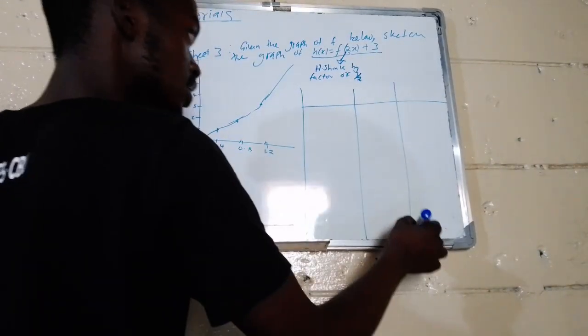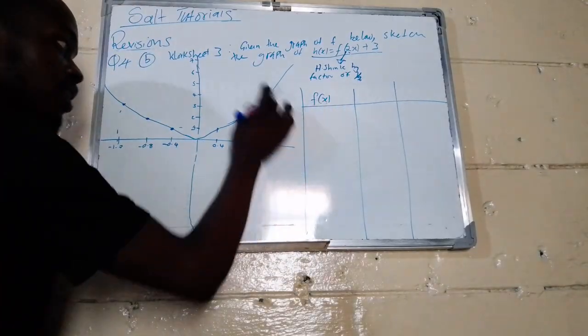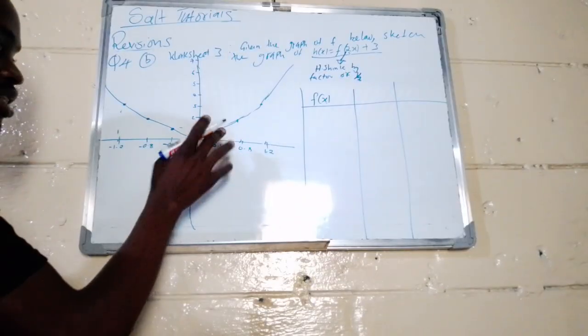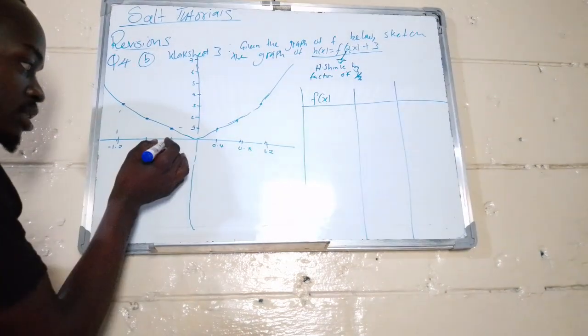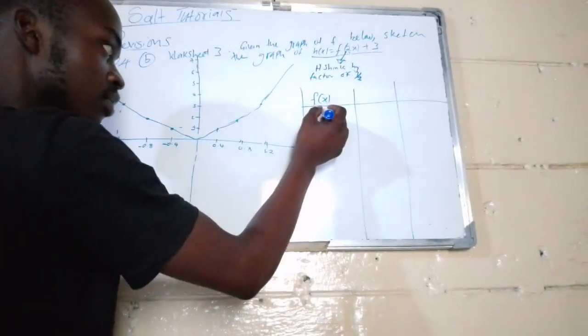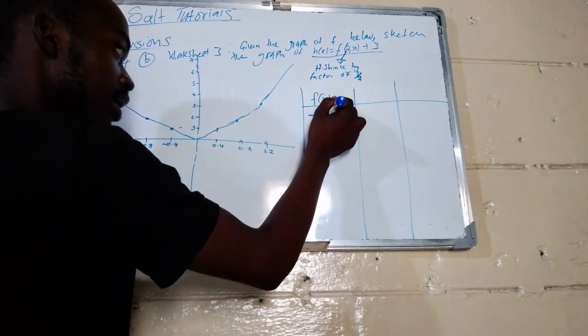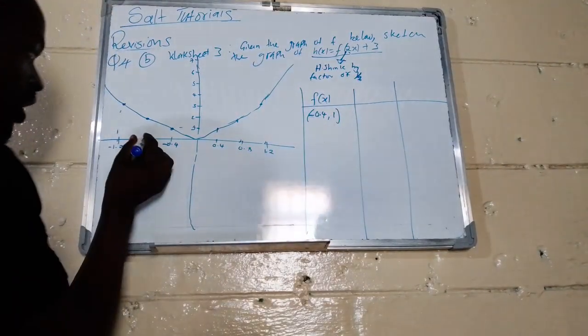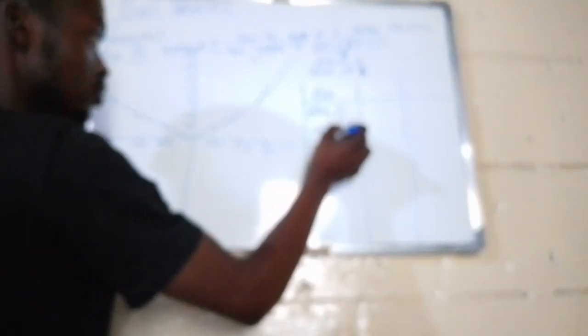So what are you going to draw? F of x. The coordinates of f of x, it is this graph which is already sketched. Collect points on that. Maybe you can collect -0.4, 1. You can collect another one, -0.8, 2.